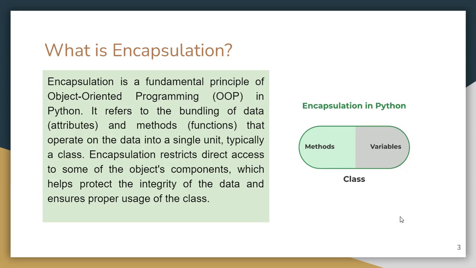Encapsulation is a fundamental principle of object-oriented programming, or OOPS. In Python, it refers to the bundling of data attributes and methods, the functions that operate on the data, into a single unit, typically a class.